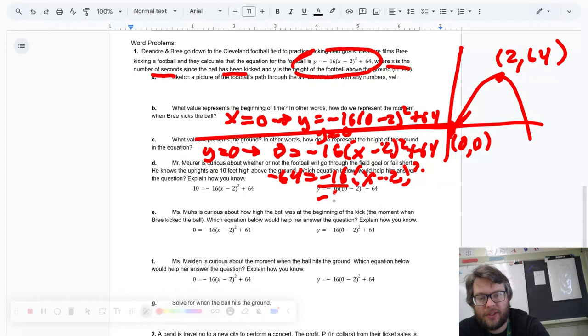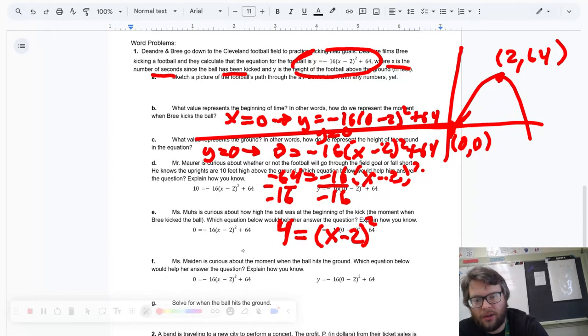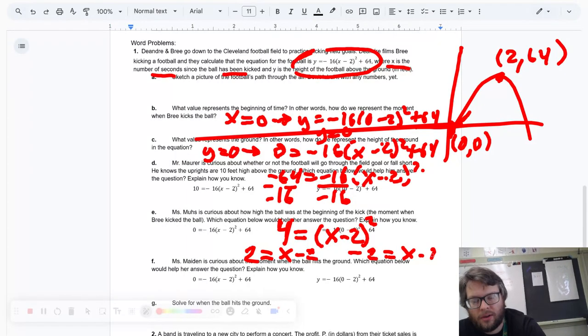Divide by negative 16, and you get 4 equals x minus 2 squared. Take the square root, and you get 2 is the square root of 4. The other square root is negative 2. Then you add 2 to both sides, and you get x equals 4. Or over here, you get x equals 0.